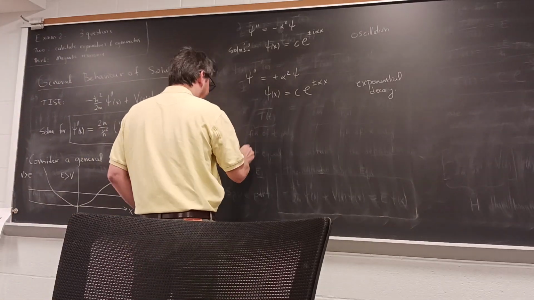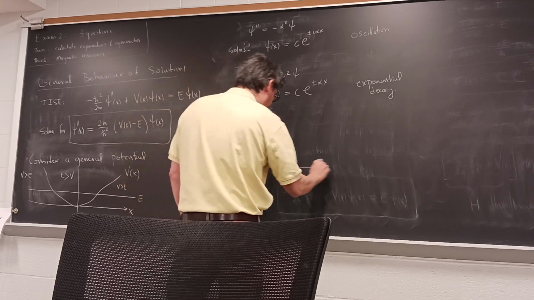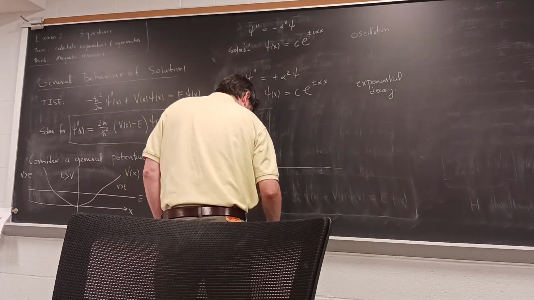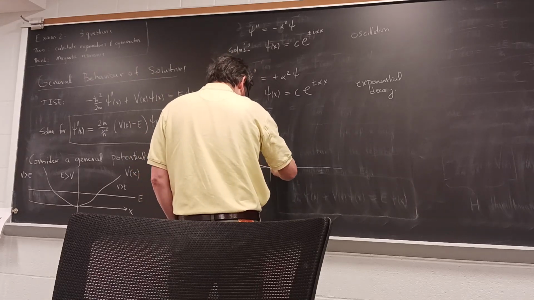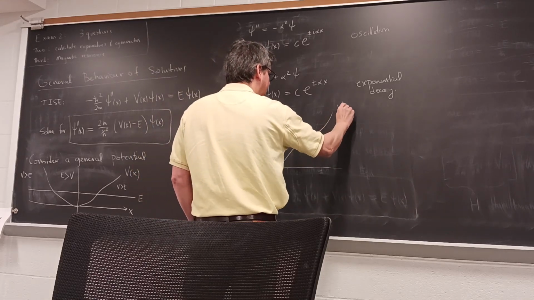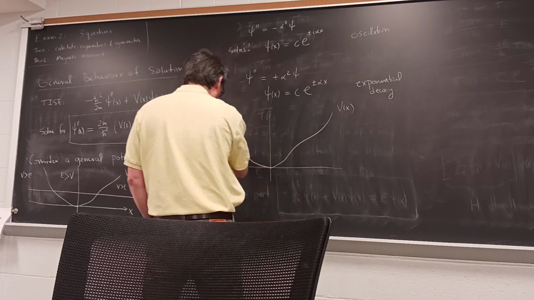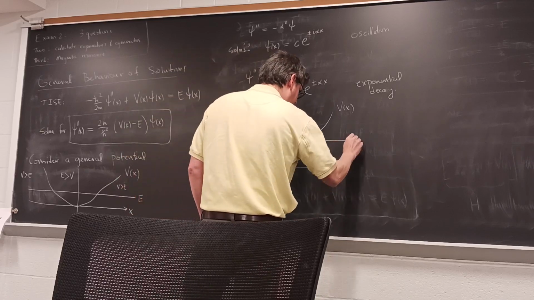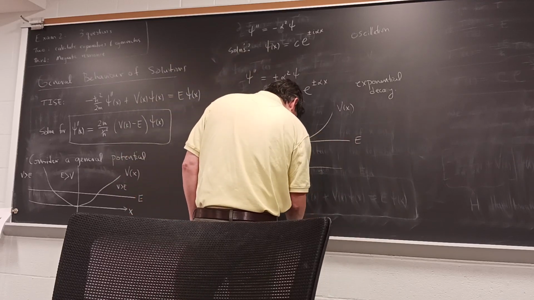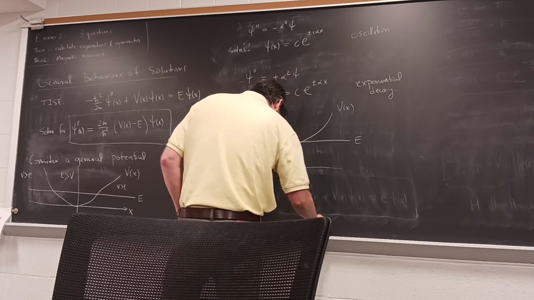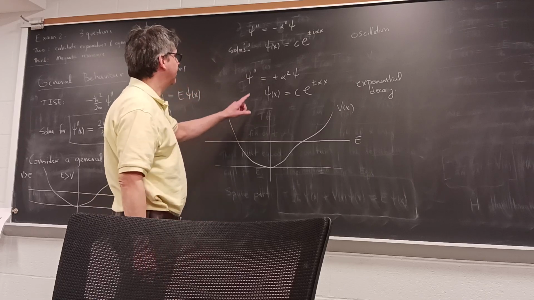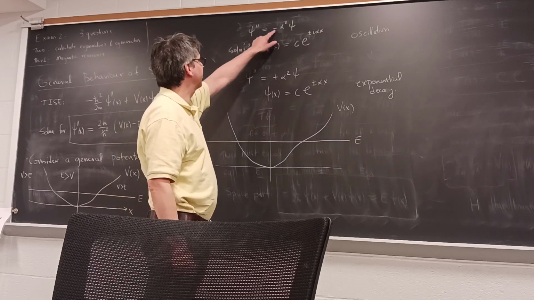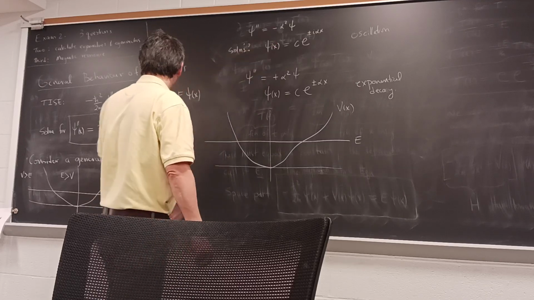Okay, so what do we have then for our potential? Let's just draw it again. If our potential looks something like this, and our energy looks like that, then if the coefficient is negative, we get oscillation.